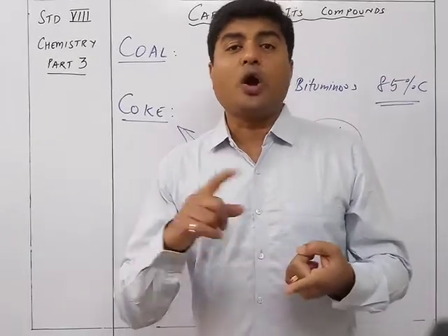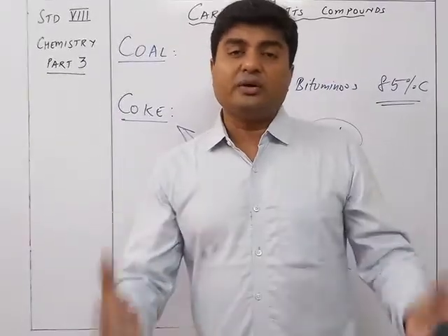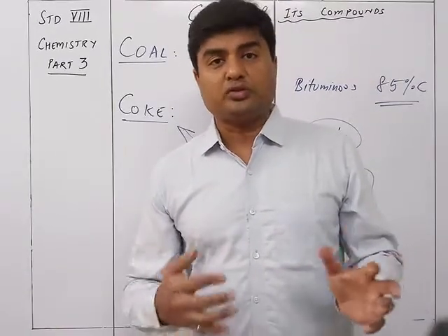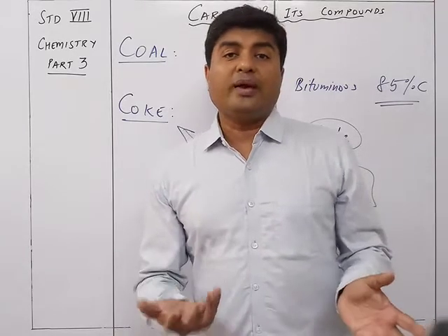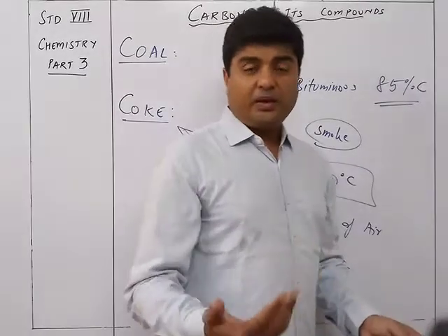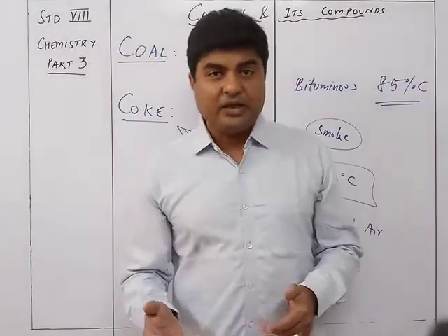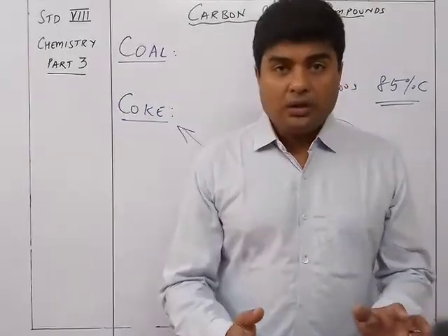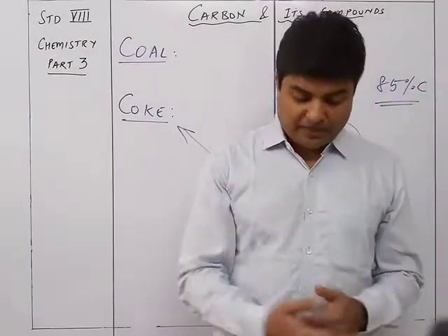At the same time, the quantity available may not be so high. The temperature at that depth is very high, so it is not viable to obtain it. So what we are doing is using bituminous coal, which is easily available, and converting it into a better product than anthracite, which is coke, which gives you a non-smoky flame.